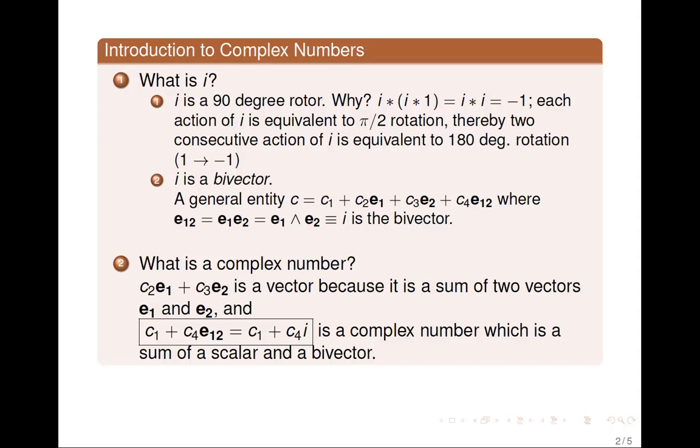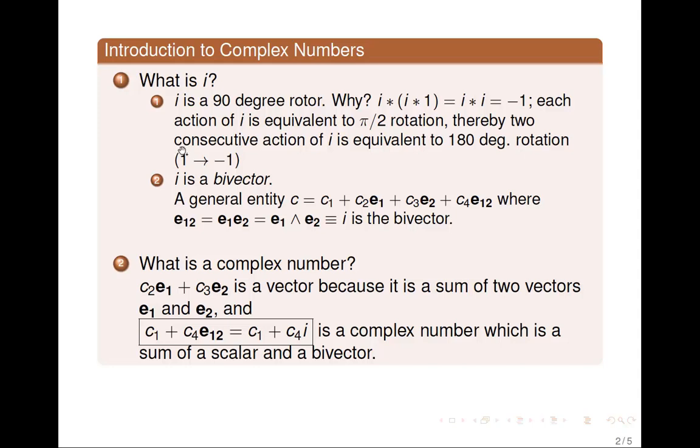When we act upon this resulting iota by another iota, we get iota square, which we know is -1, right? So let's pause and think about what exactly happened here.